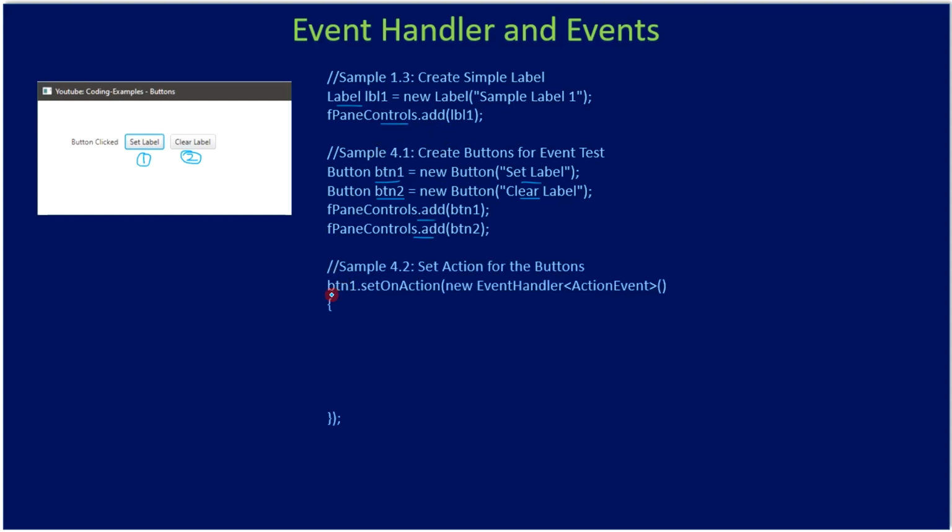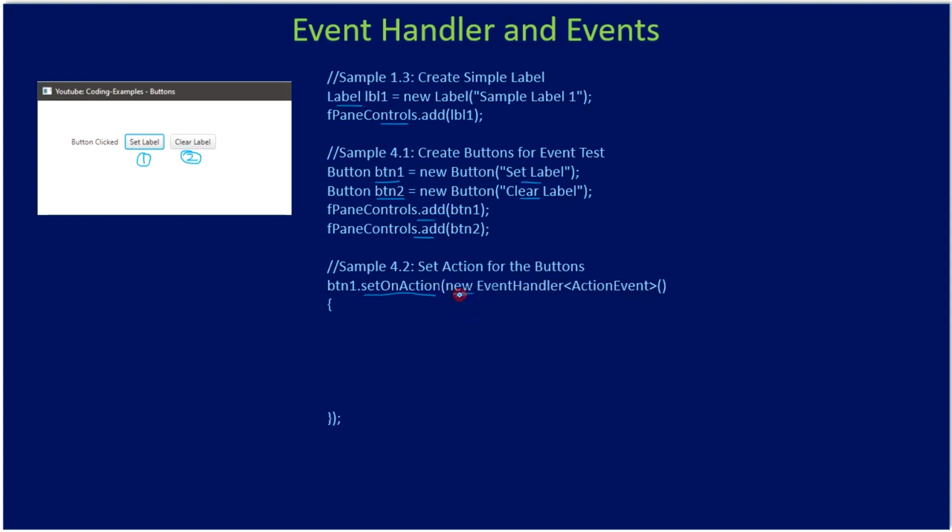So here if you see, we are using the method set an action, and this method expects a class that implements the interface event handler. And here if you see, we are using the new keyword.